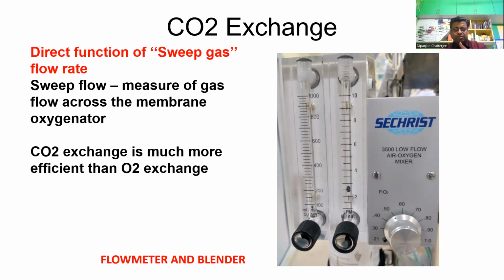The CO2 exchange is a direct function of the sweep gas, as we have told earlier, and CO2 washout or CO2 decarboxylation through this ECMO machine is a much more efficient function than the oxygenation function through ECMO.